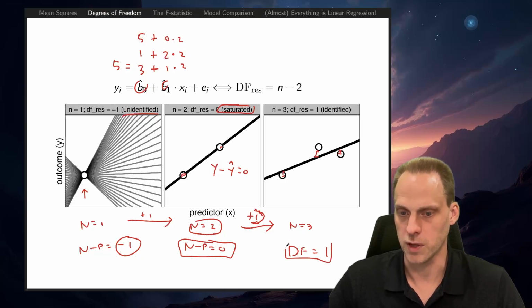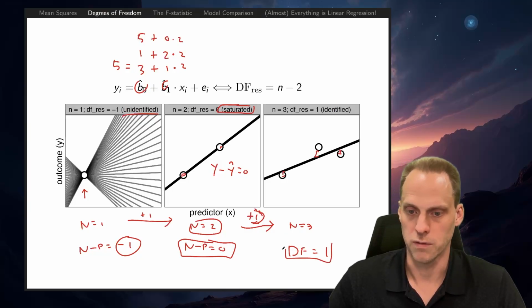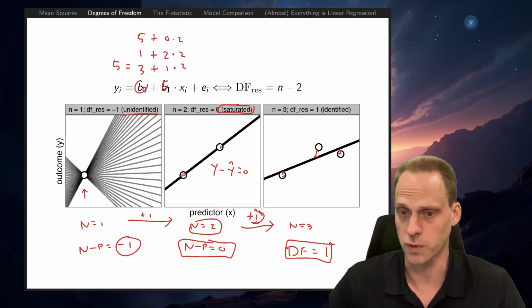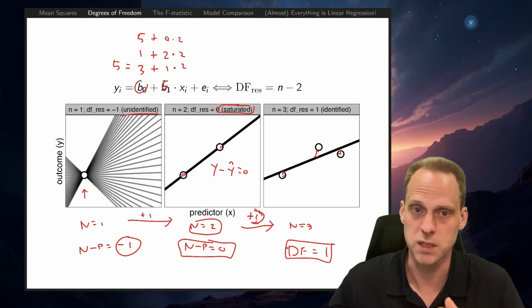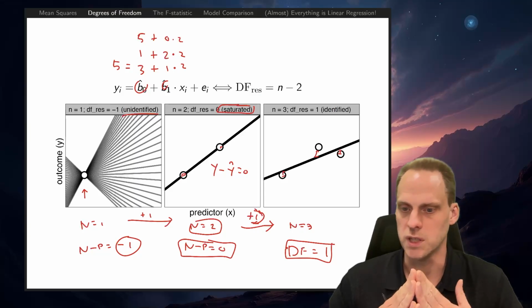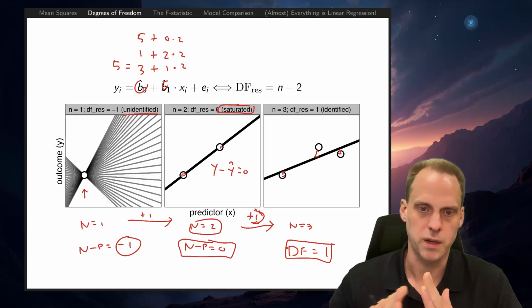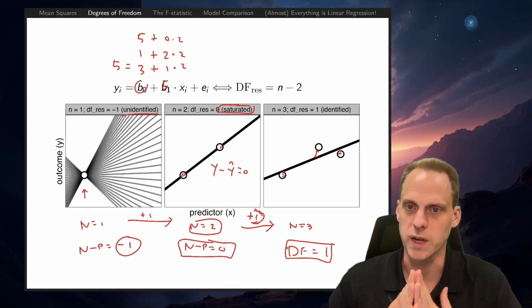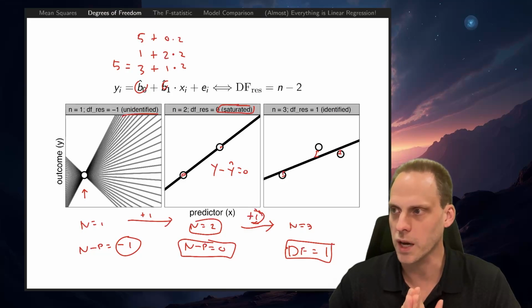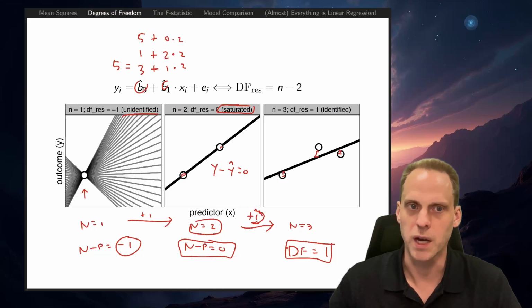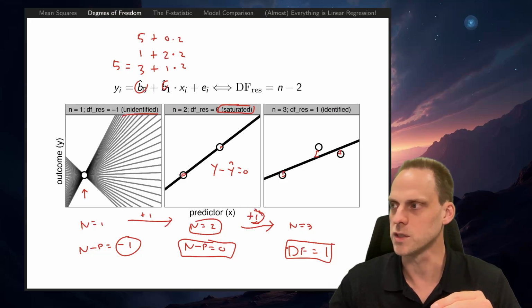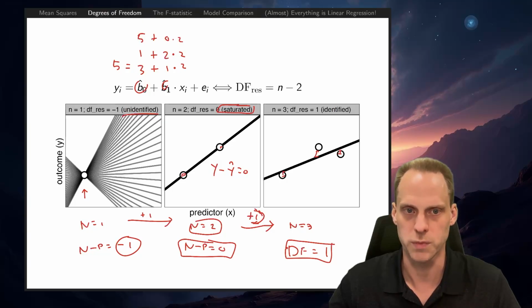And that's why when we calculate this residual mean squares, the variance around the line basically, the degrees of freedom in this case is 1, not like 3 or so. That's really where this idea comes from, and this is why we were dividing by n minus 1 when we're calculating the variance to begin with, which is actually just the total mean squares.